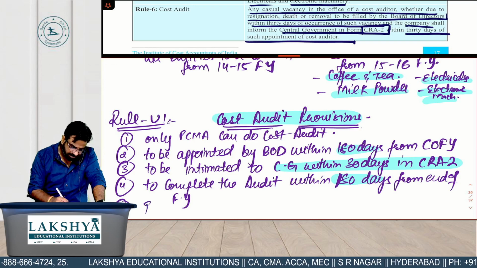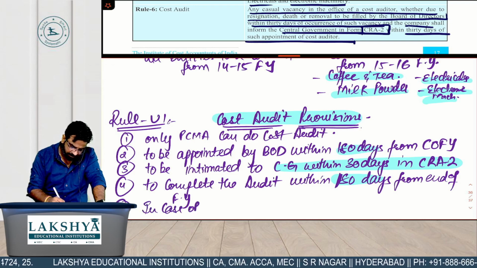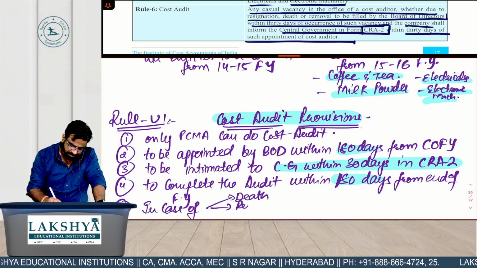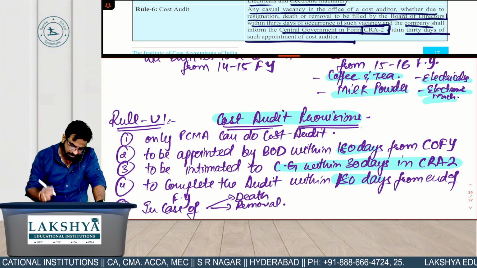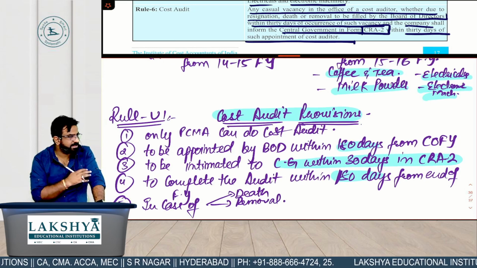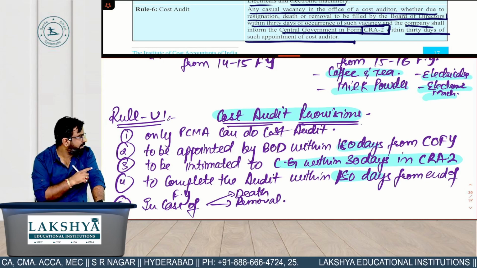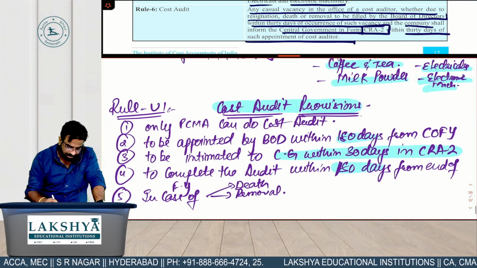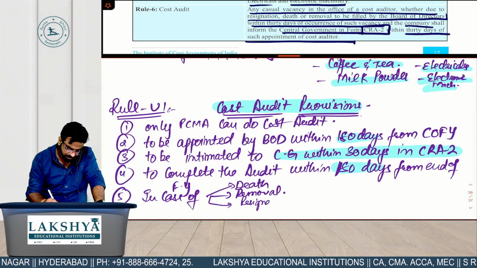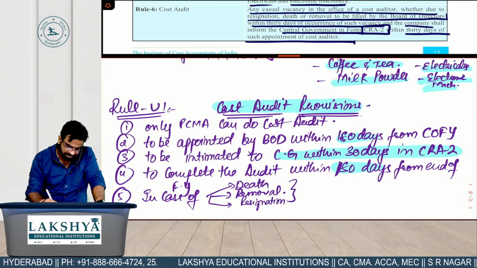Fifth one, in case of death, removal, any problem sir? Have you all written correctly? In case of death, removal, what could be the third reason? Resignation. Then again in these cases what will happen?